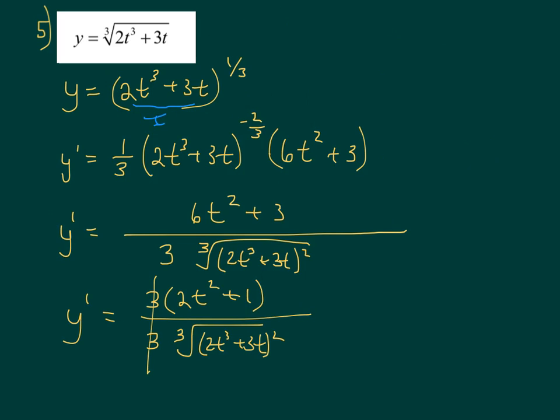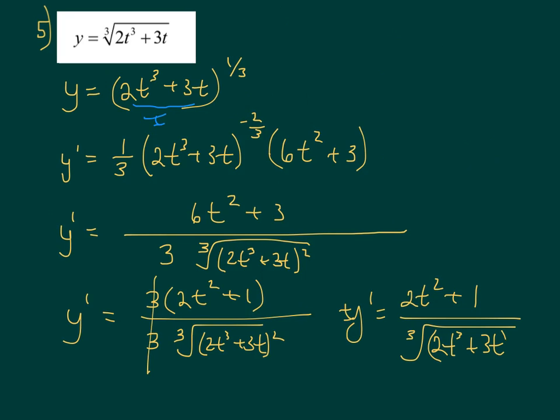Now your 3's can cancel out, so our final answer is y prime is equal to 2t squared plus 1 in the numerator over the cubed root of 2t cubed plus 3t all squared.